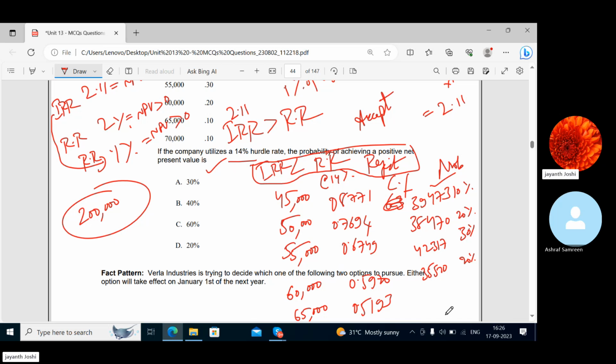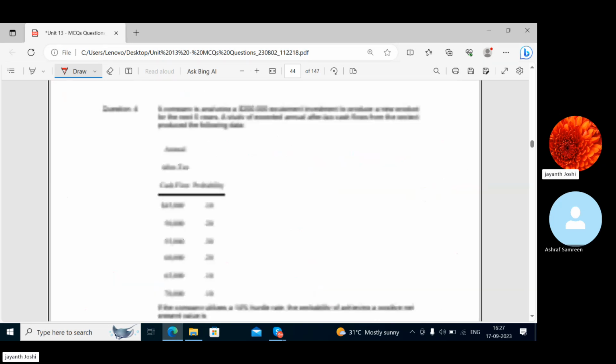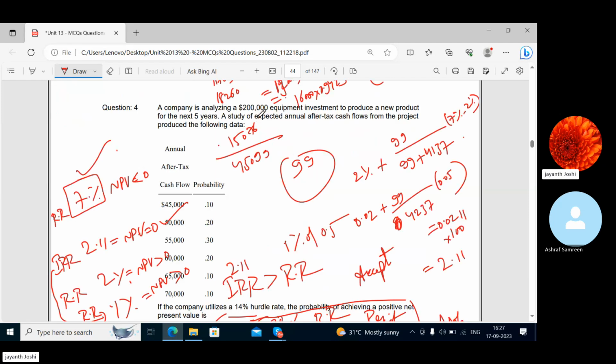Okay. Just a second. See, we have to understand the question. The question says, don't do this, please. I get the question. What the question is on. Company, I'm just saying, company is analyzing a 200,000 equipment investment.